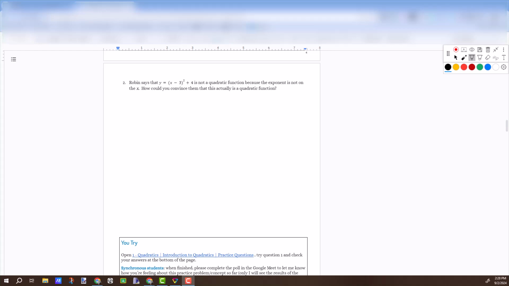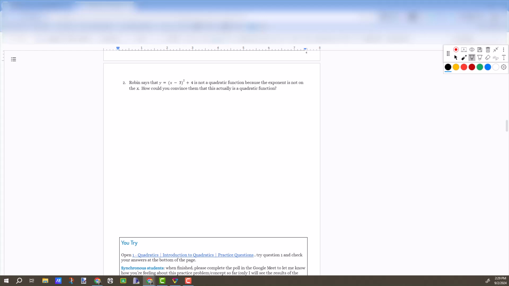The reason being is that the x has this minus 3 subtracted from it right here, which kind of makes it look like it's not squared. However, let's see what happens if we expand this function and rewrite it in a different way.